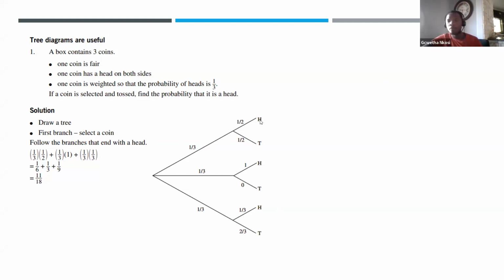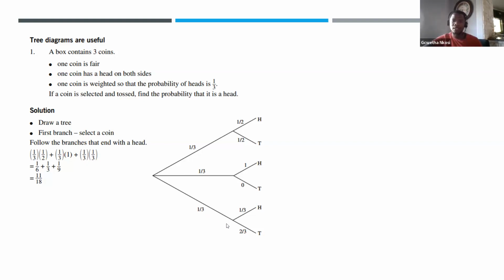So for me to reach a head, I've got 1/3 multiplied by 1/2. That's the first head. The route to the second head: it's 1/3, and a head here is 1, so it's 1/3 multiplied by 1. Here again, I'm looking for the route of a head.